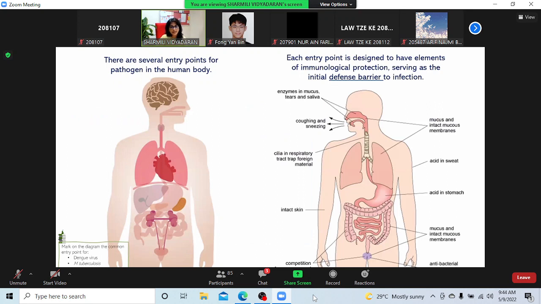And I have a slide here that you can look at in your own time. We begin to appreciate that mucus is there for a reason, and my respiratory tract has cilia, and it's there for a reason that's related to immunity.